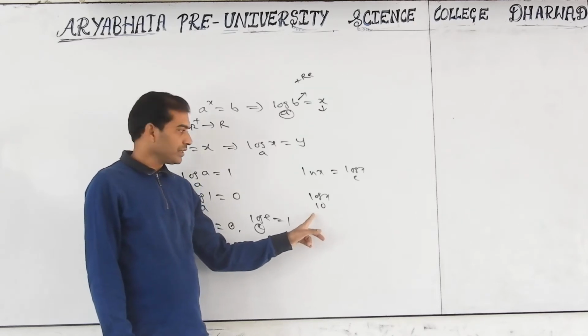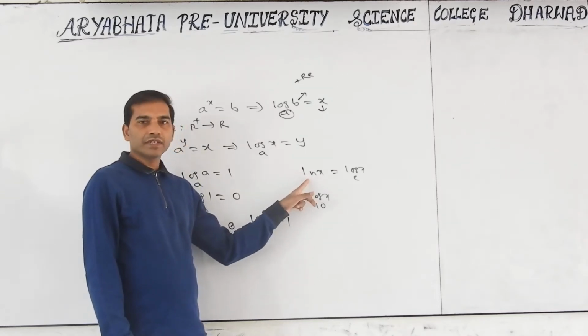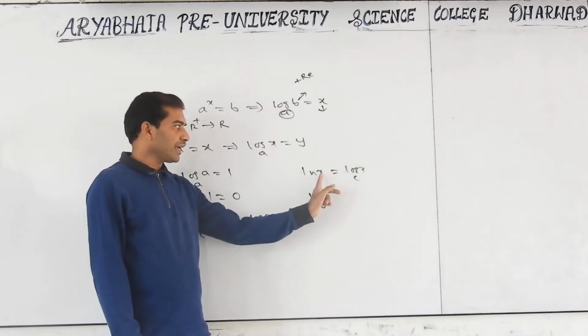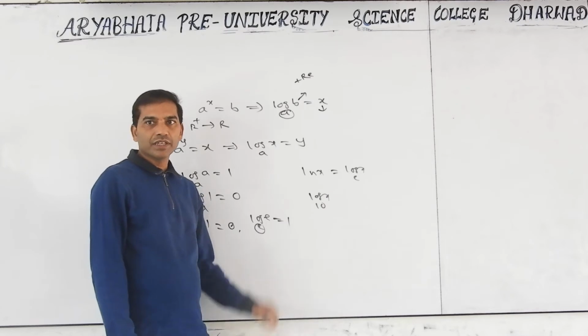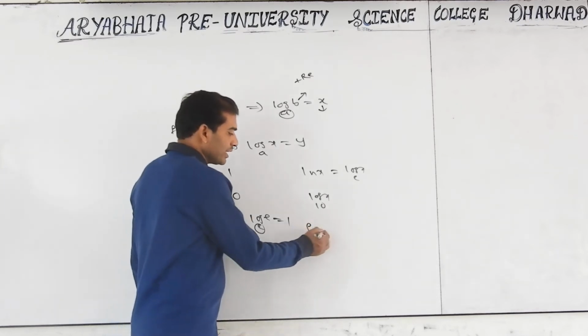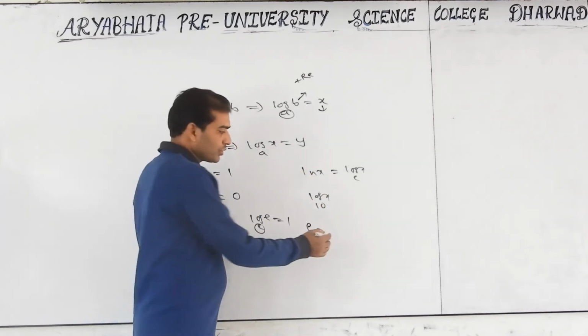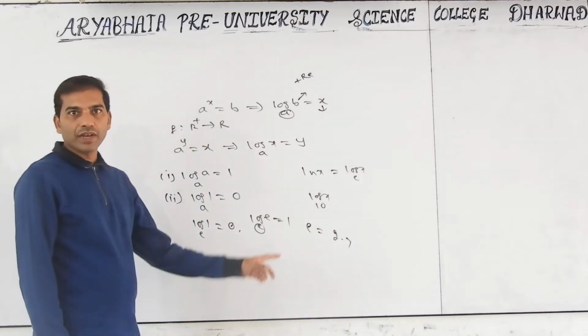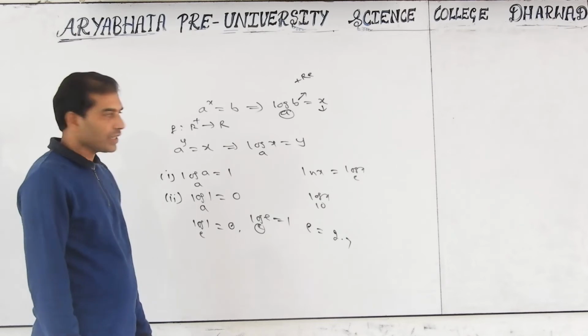The value of e approximately lies between 2 and 3, about 2.7. Okay.